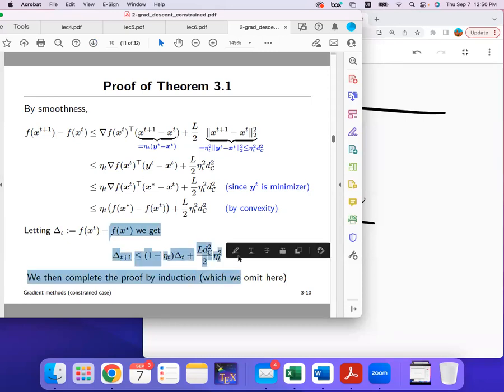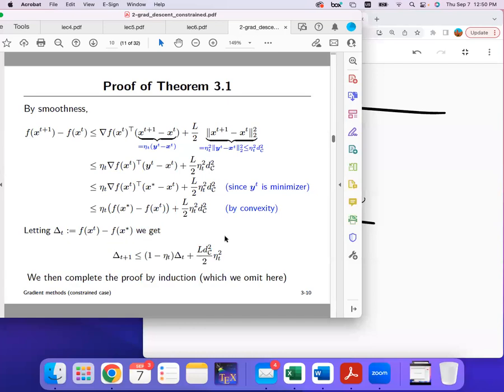So this is by induction, or you can also work out this recursion by yourself. You can just unroll it and do some calculations, but that will involve some additional computations. Okay, but induction is kind of a lazy solution once you know the final solution. Okay. But this is how we get the key recursion for this Frank-Wolfe algorithm.